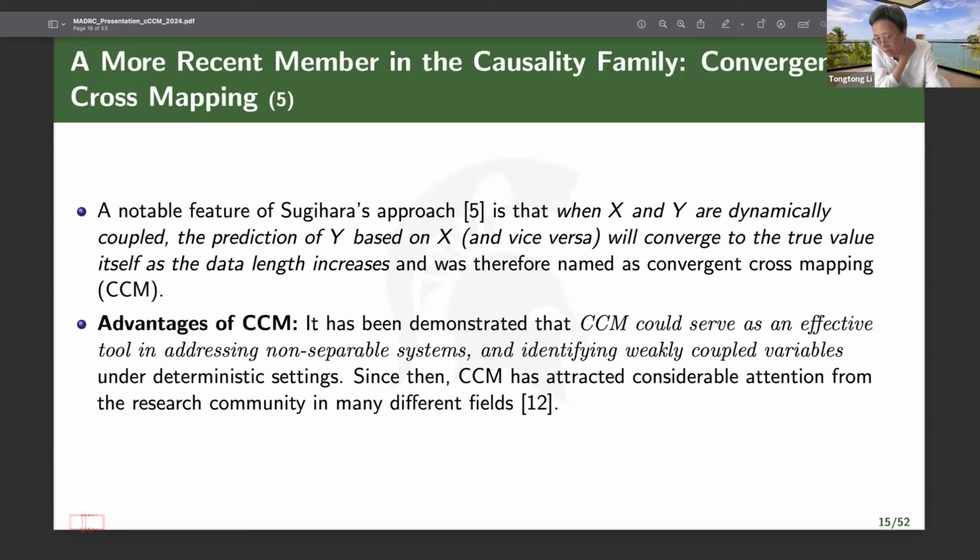So it has attracted considerable attention from the research community. Some people are already using CCM in EEG for brain effective connectivity analysis.